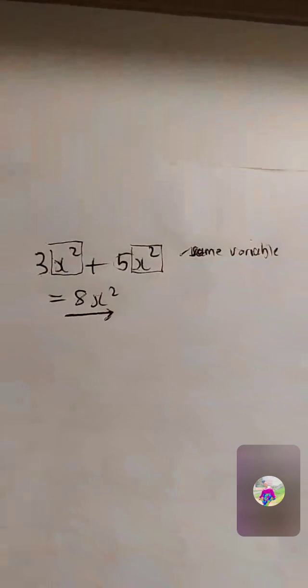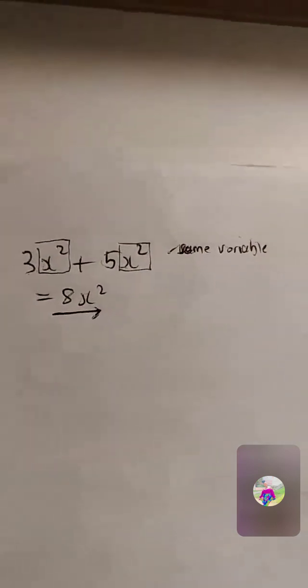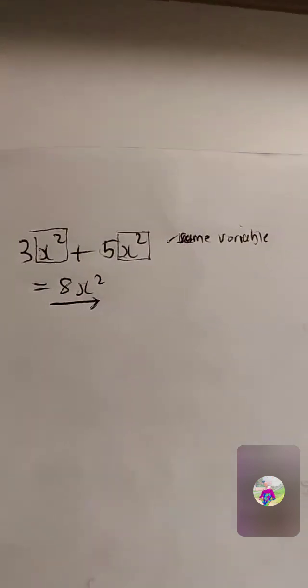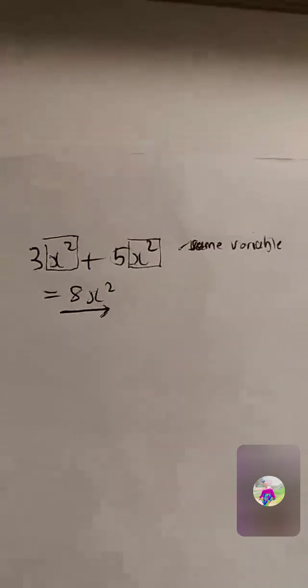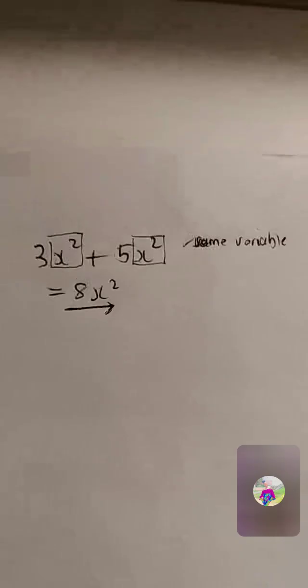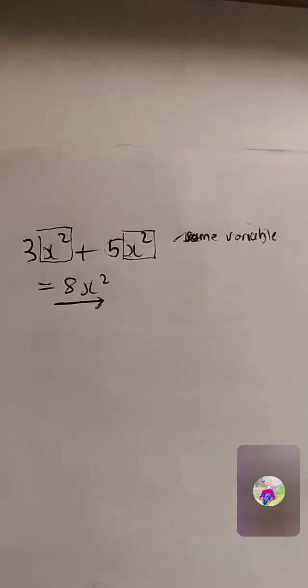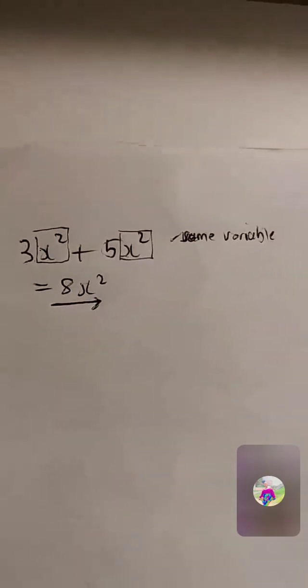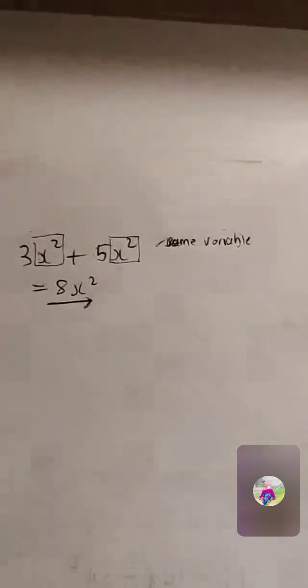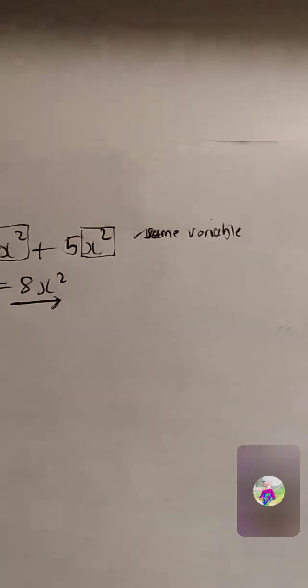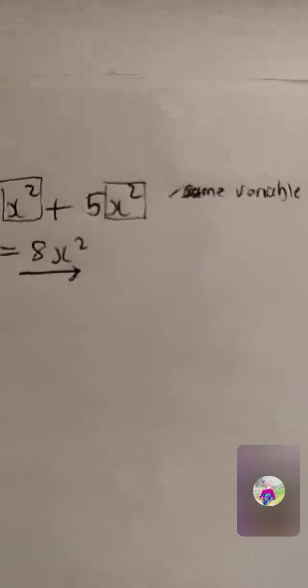So in this case you'd have 8x squared. In every case where an expression exhibits likeness, you add those like terms by keeping the variable with its exponent and then adding or subtracting the coefficients. You just have to consistently apply the method over and over.